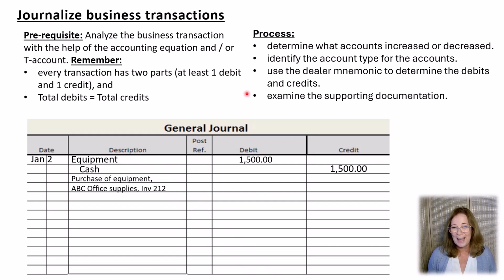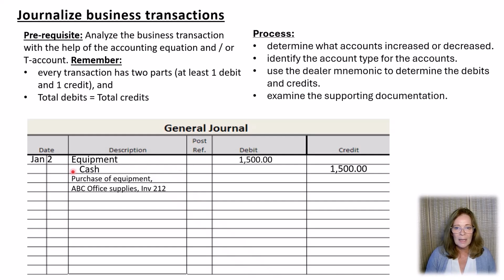Let's say you've done all that. Then the next step is to obtain a general journal template or form, and in most businesses, accountants use Excel templates. You'd enter the date into the date column, the account name of the account you want to debit into the description column, followed by the debit amount into the debit column.